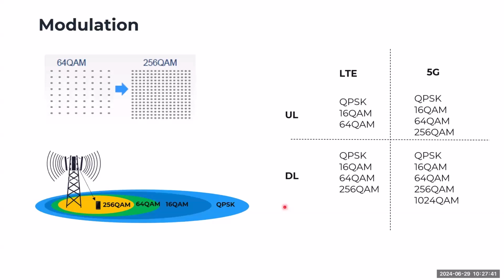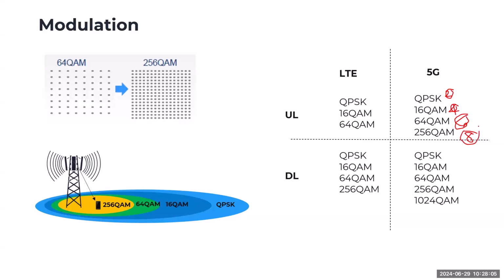For example, if you use QPSK, you can only transmit 2 raised to 2 bits. You can only use 2 bits. Sorry. This is 4, this is 6, and this is 8. So this is the number of bits that you can transmit per symbol. Later on, I will show you what is the effect of this one.